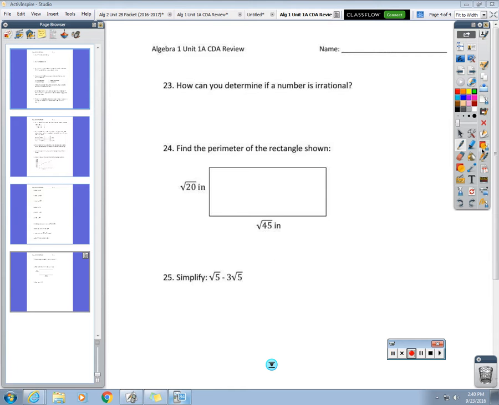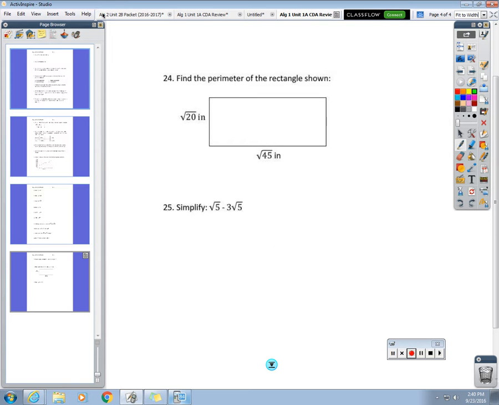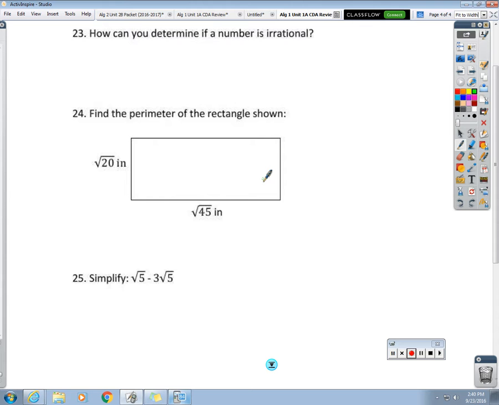Number 24. Find the perimeter of the rectangle shown. Well, you kind of have to know how to find the perimeter of a rectangle. How do you do that, Chloe? Well, then that's why you should be paying attention. I know, but how do you find the perimeter of a rectangle?